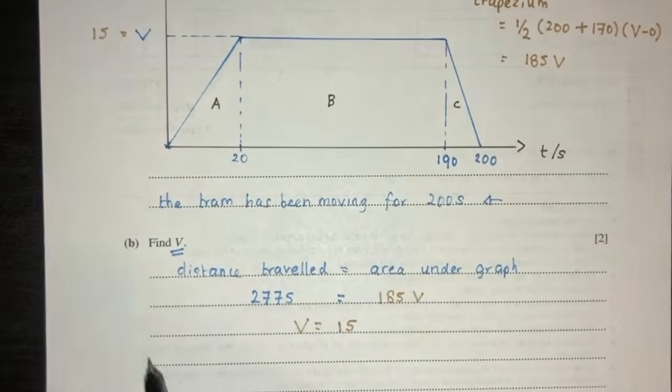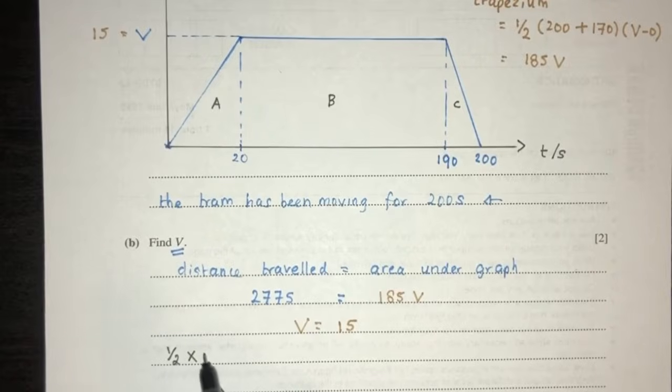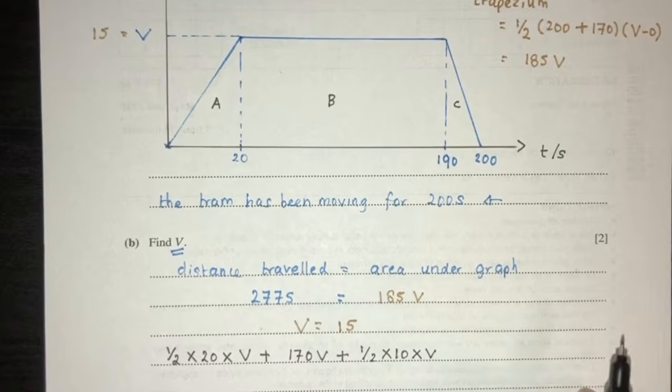So if you look at a, it is a triangle, it is half times base, which is 20, times height, which is v, plus this one is 170, it is the area of a rectangle, base times height, so 170 times v, and finally plus this one is also a triangle, half times base, which is 10, times height, which is v.